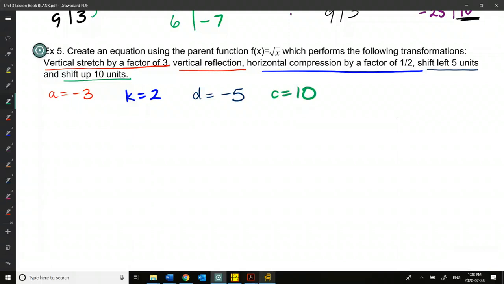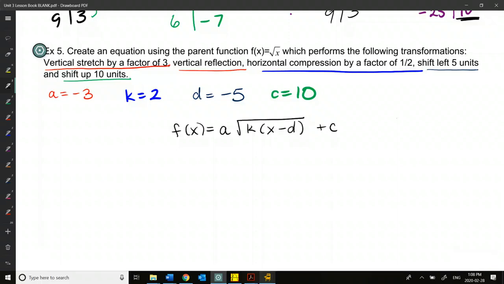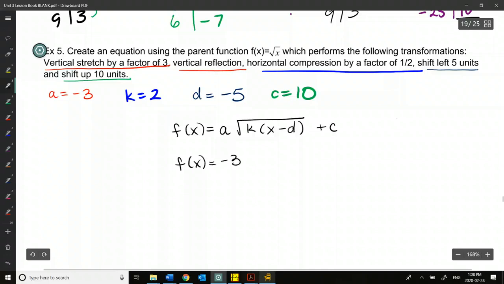Okay, so when we put them into our equation, this is kind of what it's going to look like. The A and the C will be on the outsides of the root. And then we'll see the K times X minus D inside the root. Okay, so you're just going to fill in from there. So -3. We already did the reciprocal of k, so we're going to use it as 2.